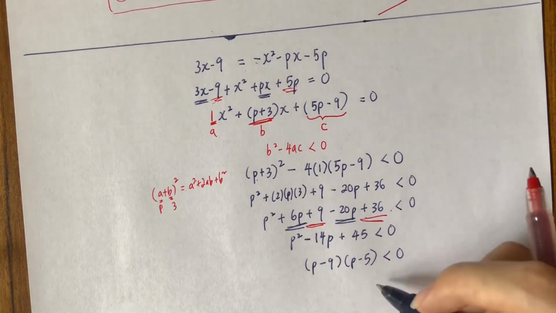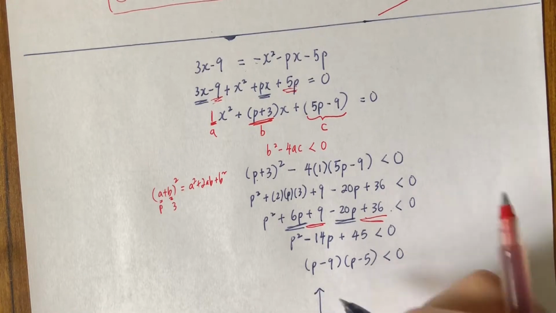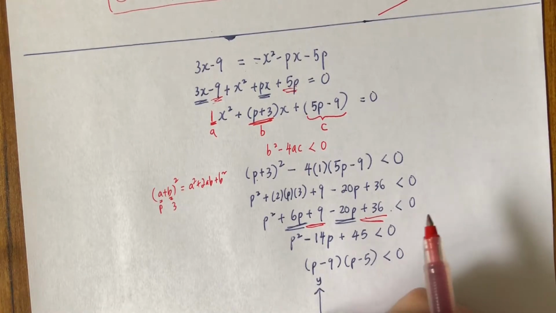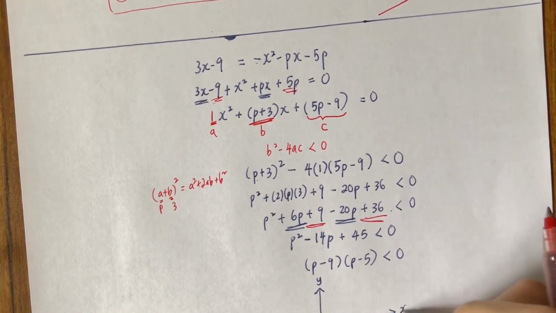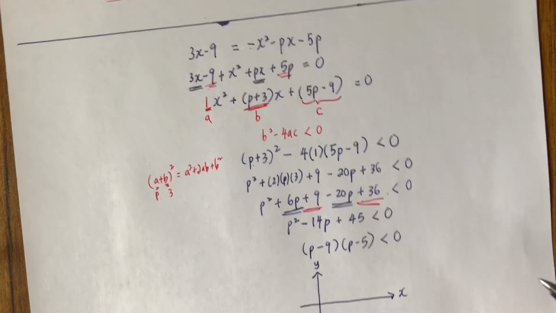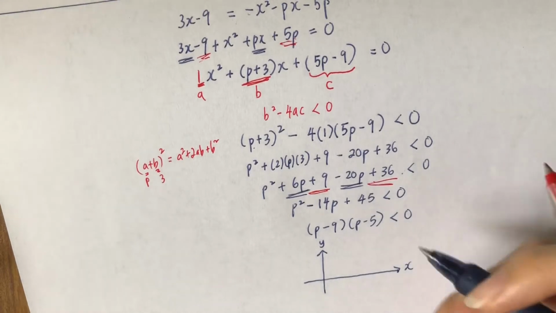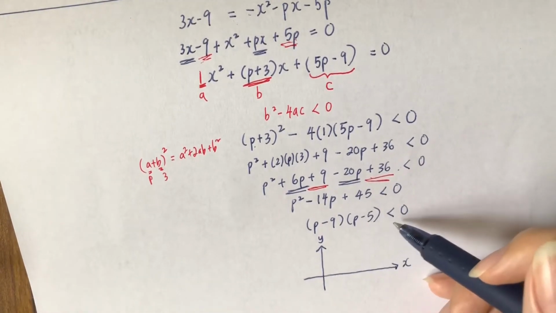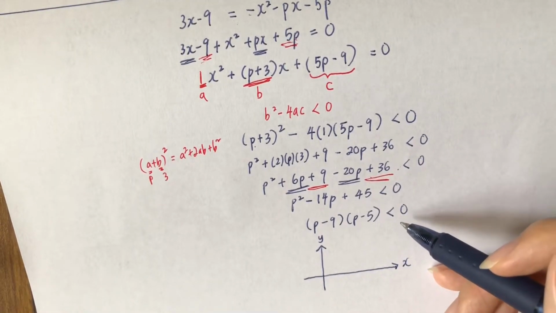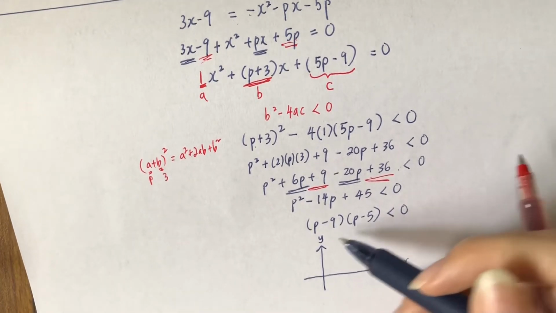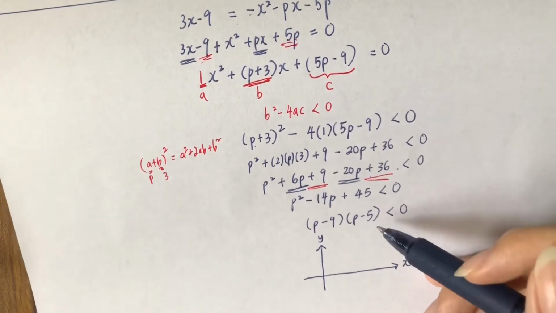So in this case, let's just draw our y-axis and our x-axis. And from here, when p minus 9, p minus 5 is lesser than 0, first determine the x-intercepts, or here the p-intercepts.